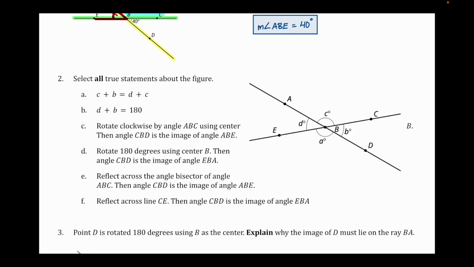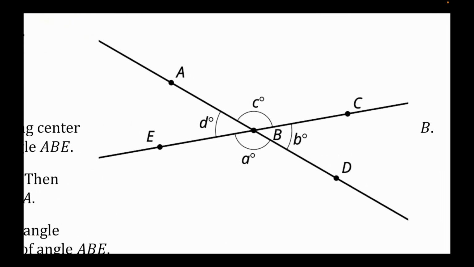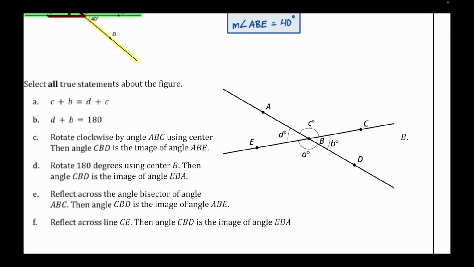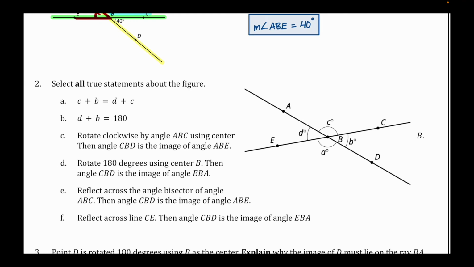So select all true statements about this figure. C plus B equals D plus C. Well, let's look at some of our smaller things. When they're using these lowercase letters, they are saying those are these angle measures here that are also using lowercase letters. Because they are degree measurements, they're actually representing specific values.